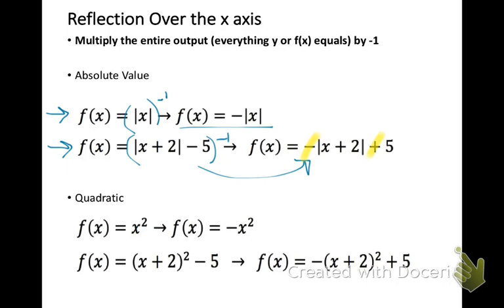And then finally, for quadratic, a very simple example is just multiplying the parent function by -1. A more complex example is f of x equals (x plus 2) squared minus 5. If we multiply all of that by -1, we end up with negative (x plus 2) squared plus 5.